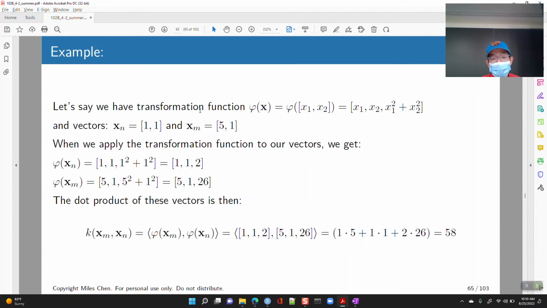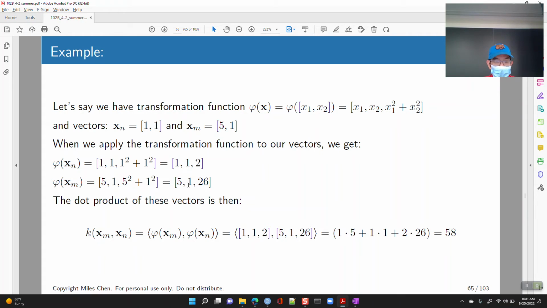I'm going to transform this using this function phi. Function phi takes my 2-dimensional point and makes it 3-dimensional. So the point 1, 1 becomes 1, 1, 2, right, in 3D. The last coordinate of this point is x1 squared plus x2 squared. And then the point 5, 1 becomes 5, 1, 26, right? So I'm adding a third dimension to this.